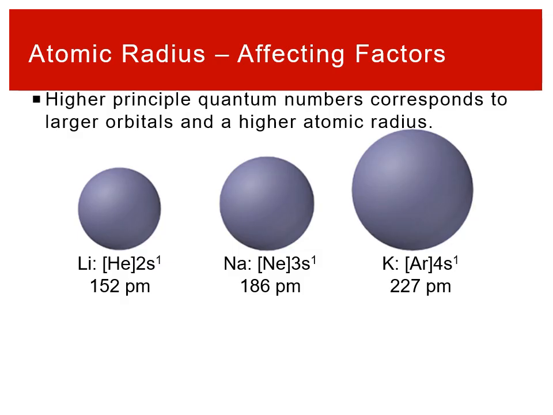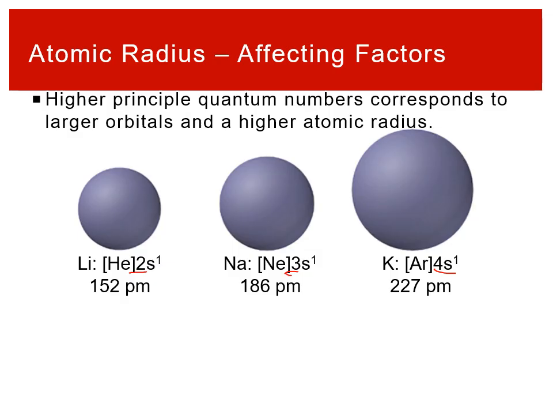To count that, we can look at the highest principal quantum number of orbitals on an atom. For example, lithium would have n equals 2 as its highest, sodium is n equals 3, and potassium is n equals 4. Those are literally just larger orbitals. So as a result, the atoms get bigger and bigger as that number goes up.